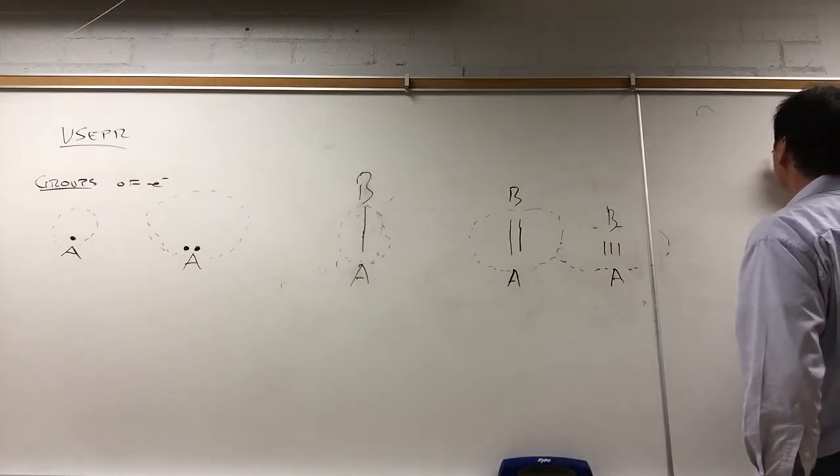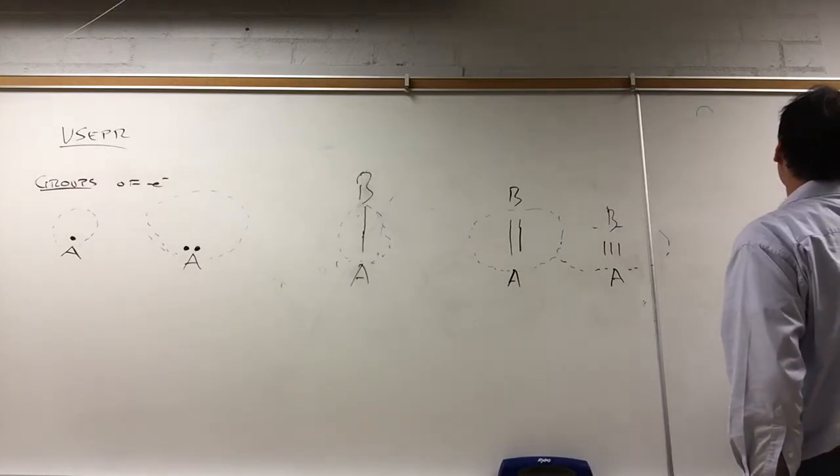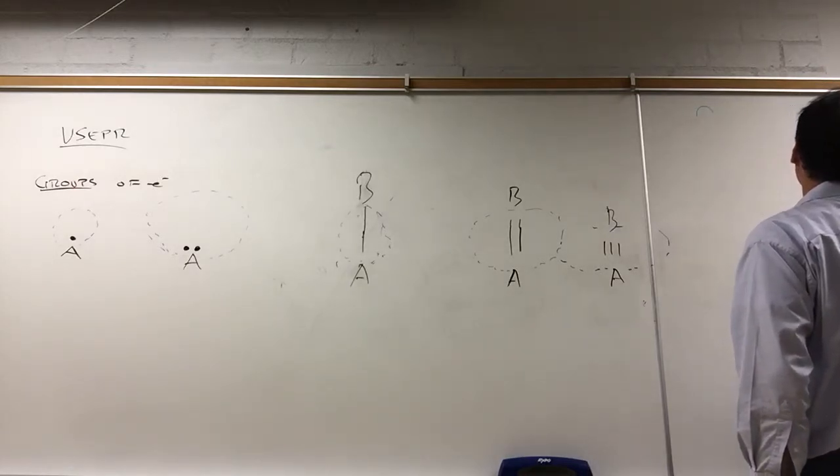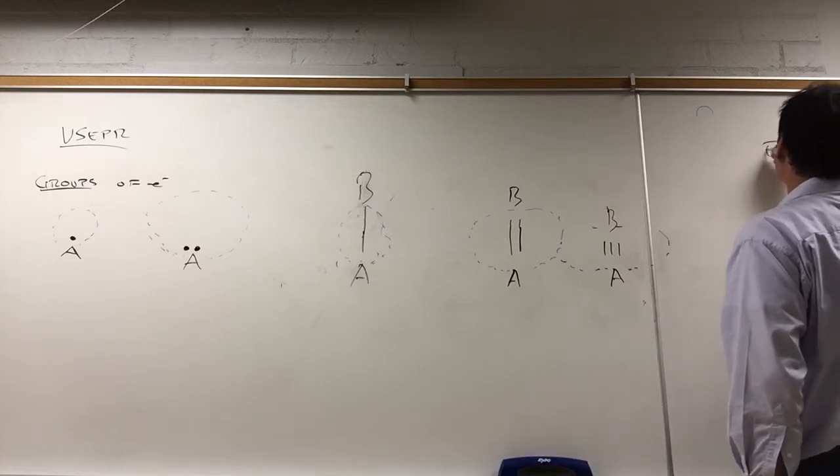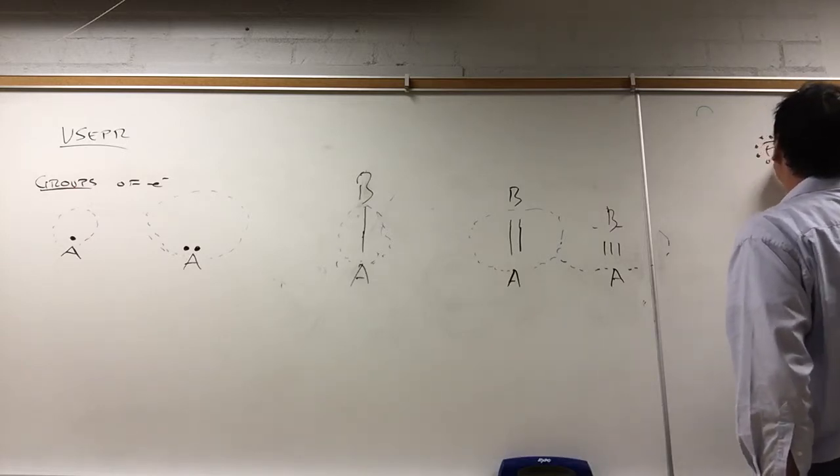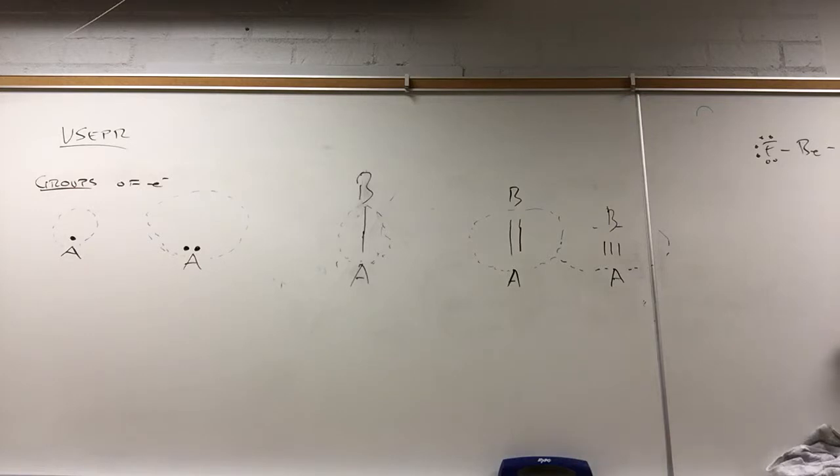And so we have different ones like BeF2. Does this look right? Well, beryllium doesn't have an octet, right? We can make beryllium have an octet. It's pretty easy. Create a double bond here, create a double bond here.